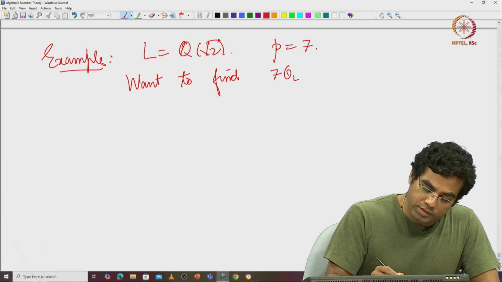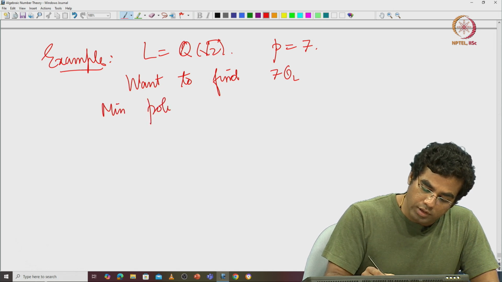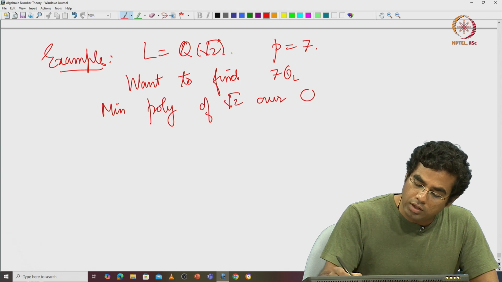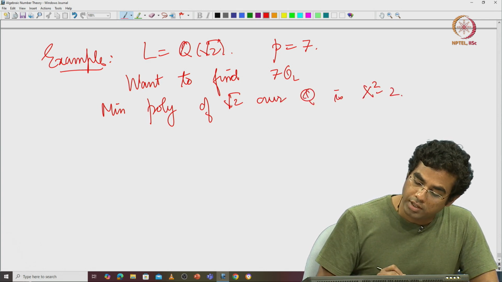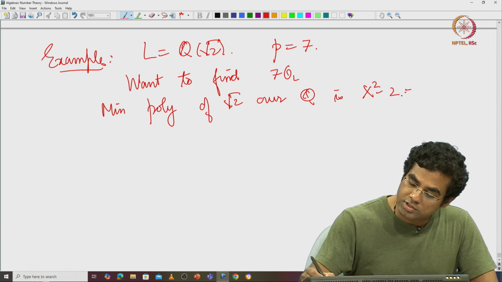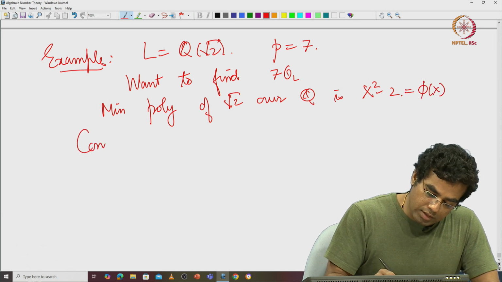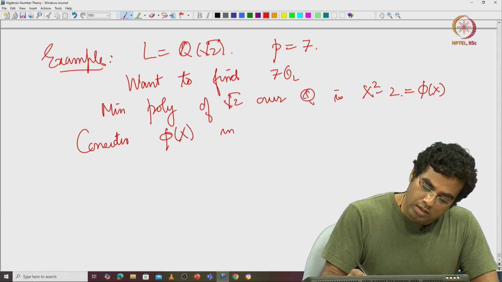So what we do is we take the minimal polynomial. The minimal polynomial of square root of 2 over Q is x squared minus 2. So this is my phi(x).